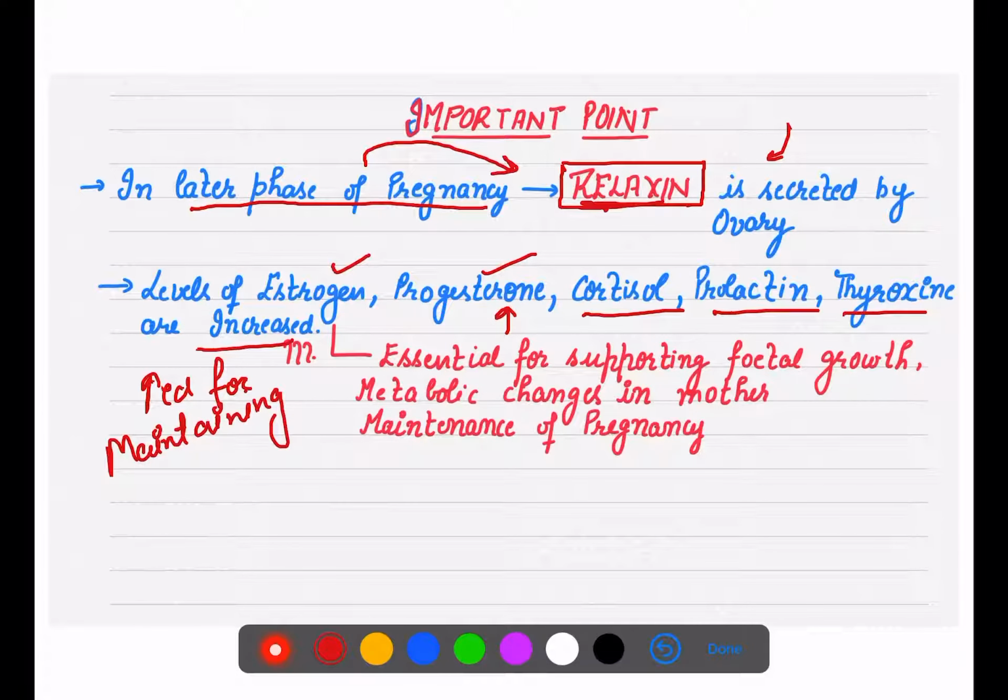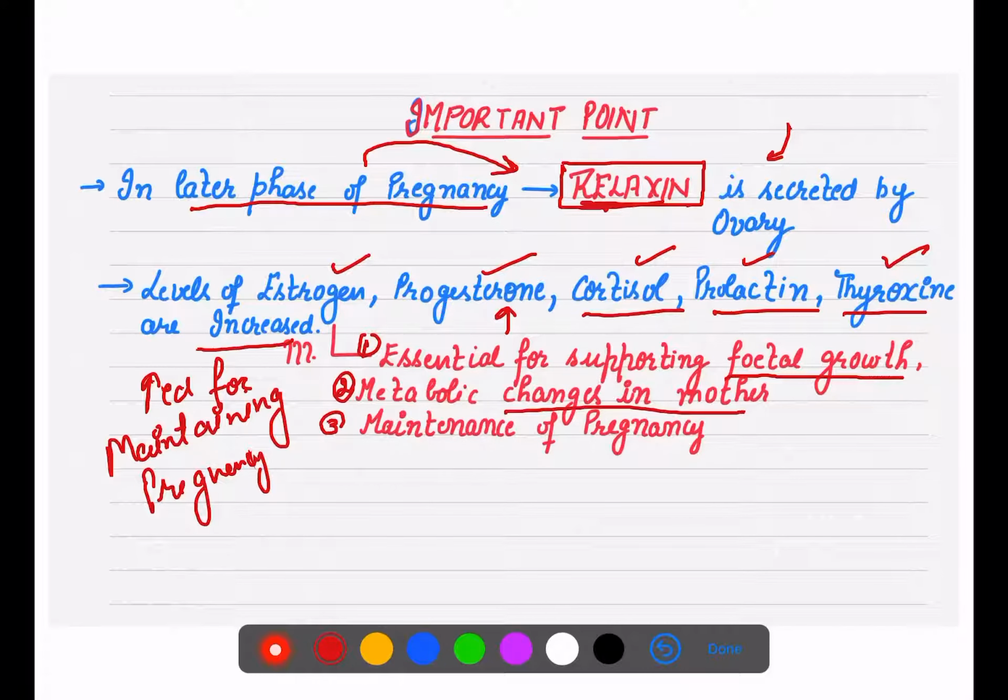These hormones support fetal growth, as well as various metabolic changes in the mother. And one important point, they maintain pregnancy.